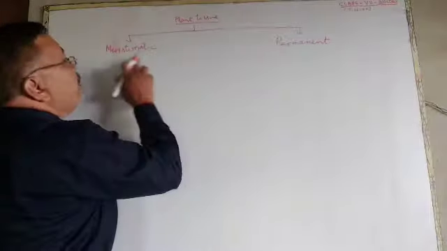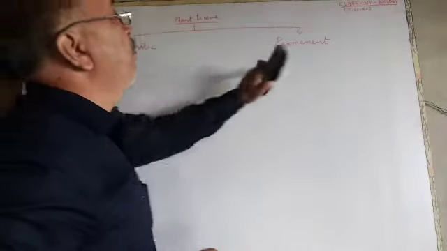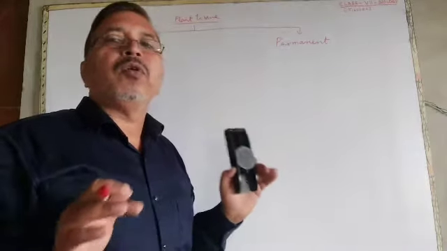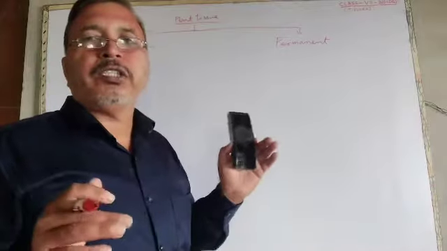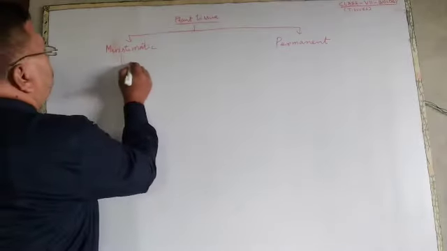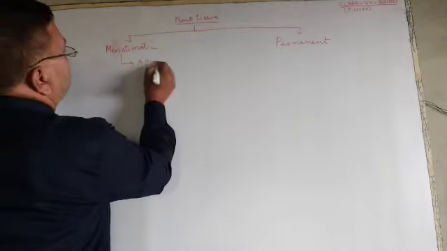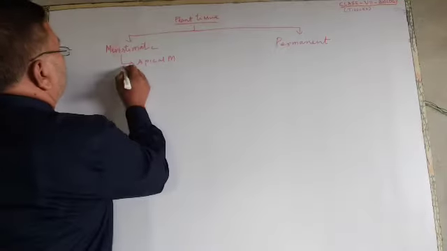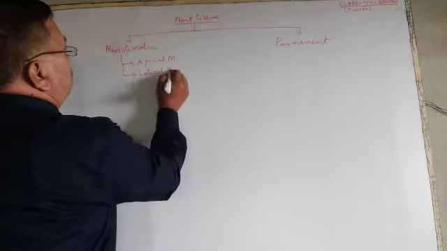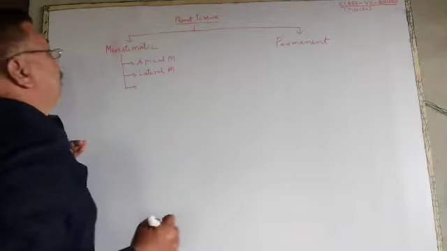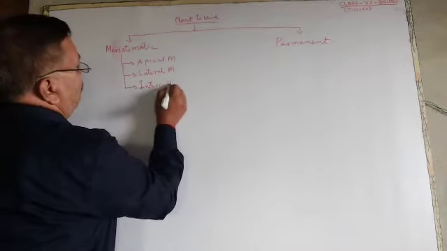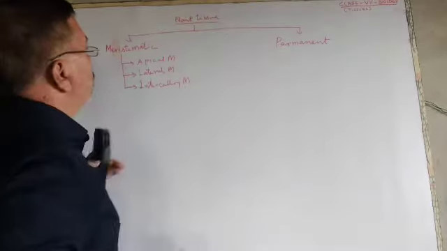I have told you why it is called meristematic. Permanent tissues retain their shape, size, and structure for long. They do not often change these features, hence the name permanent. In meristematic, you have read about the first kind, apical meristem. Second, the lateral meristem. And the third kind is intercalary. These are the three kinds.